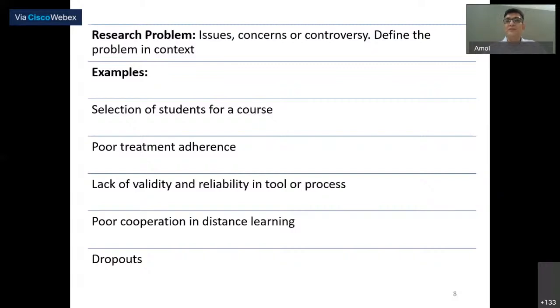The very purpose of research is to find out solution to the problem. And to find out solution to the problem, we have to take that inquiry through a systematic process of data collection, analysis, and interpretation. But the first step of problem solving is identification of a problem which we need to solve by doing a research.